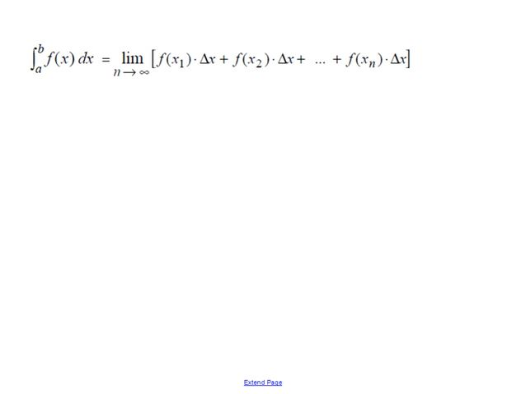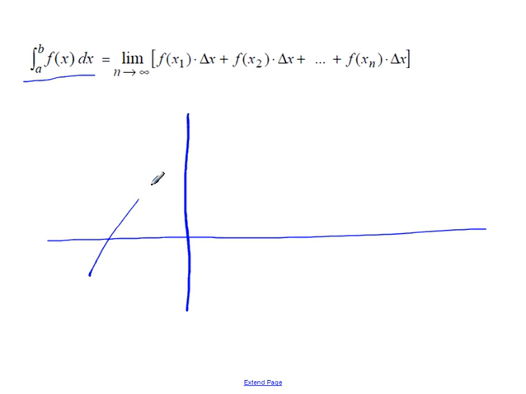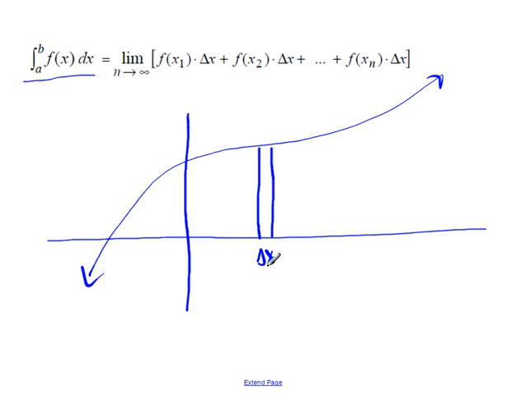So just as a reminder, the idea of the integral, it's important for us to keep these big topics close to heart. The idea of the definite integral is that we took a bunch of little rectangles, and each of those rectangles had width delta x.